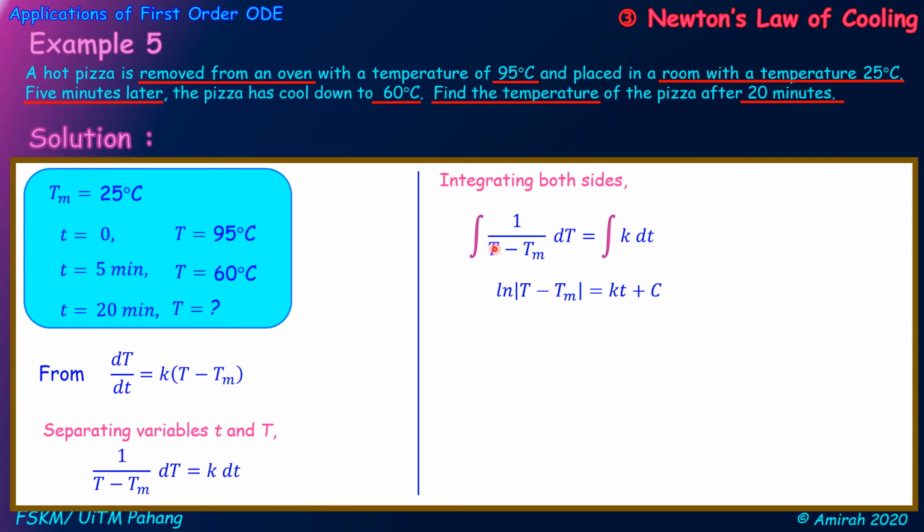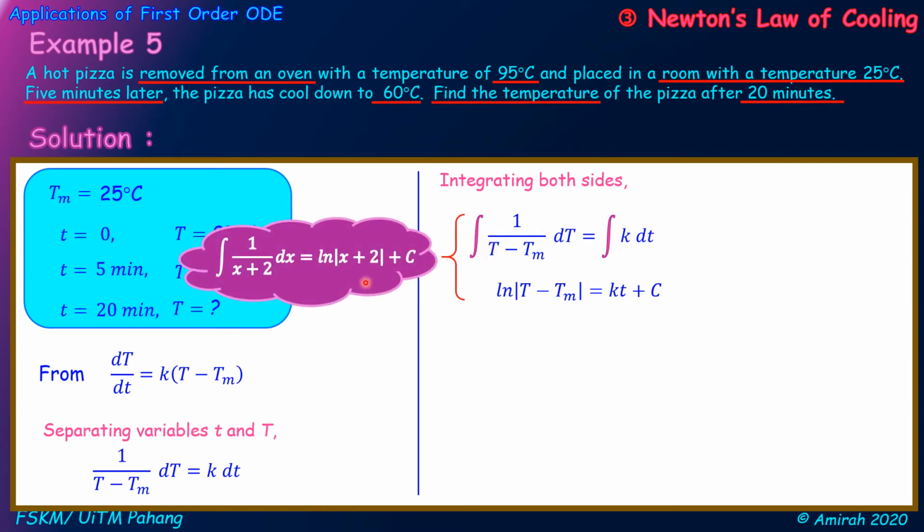When we integrate the left hand side, we can refer from, let's say we have integration of 1 over x plus 2 dx. It is equal to ln of x plus 2 plus c. We can use u substitution.